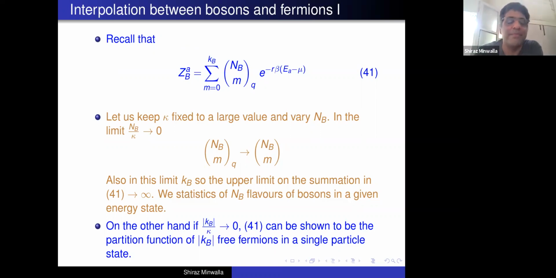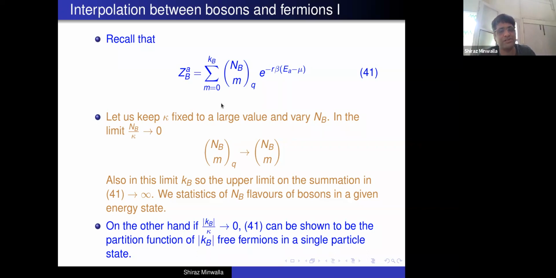Yes. Sorry. Okay, so recall that I've told you that these single particle partition functions take the following form. The one thing I wanted to tell you is about this single particle partition function in the limit that we take kappa large and vary N_B. If N_B is small and kappa is large, this partition function becomes that of free bosons. But in the other limit, where K_B is small and kappa is large, this partition function becomes that of free fermions.